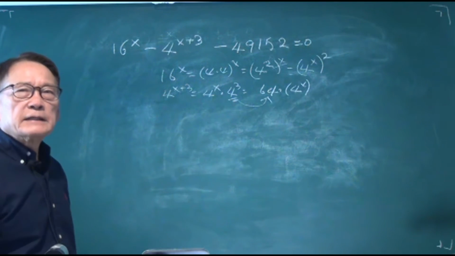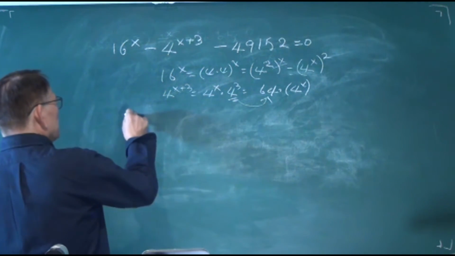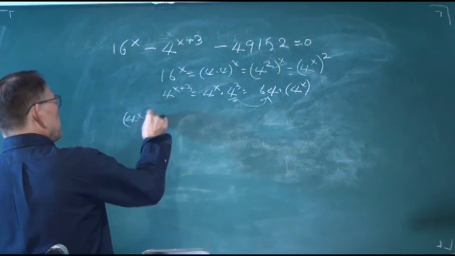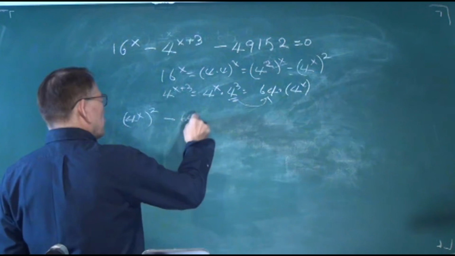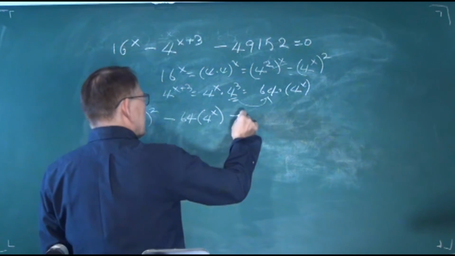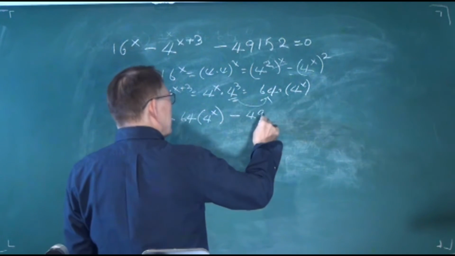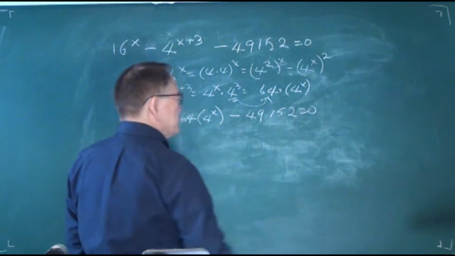Then the given question can be written as 4 to the x to the second power minus 64 times 4 to the x minus 49,152 equals 0.